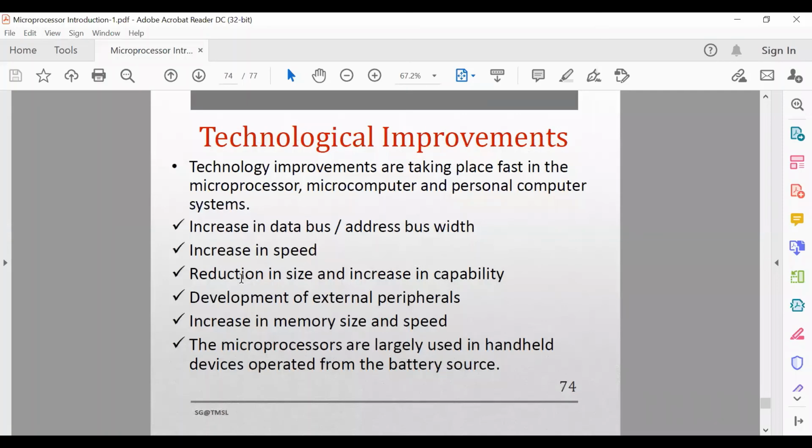The third one is reduction in size and increase in capability, where the trend in microprocessor technology is to include a large number of peripherals such as memory or IO ports within a single chip. And the same thing has also happened in microcontrollers.